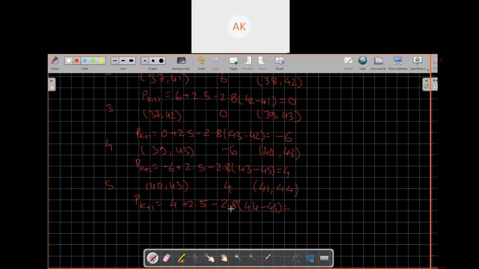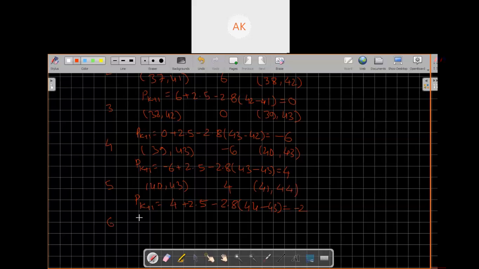Calculate: 4 plus 10, 14, minus 16, minus 2.